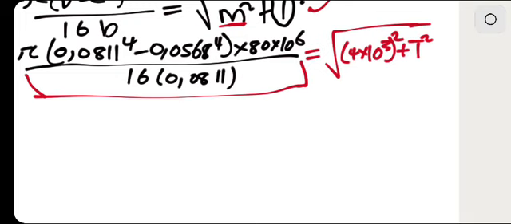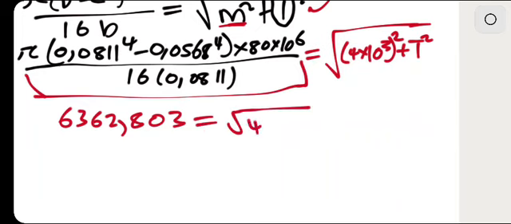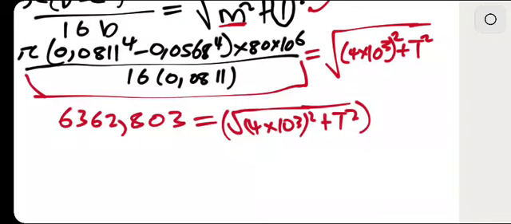All right, so I'll simply have on this side 6362.803. It's equal to this: 4 times 10 to the power of 3, squared, plus T squared. To remove the square root, you square both sides. You must know your maths. Do not forget maths, guys.